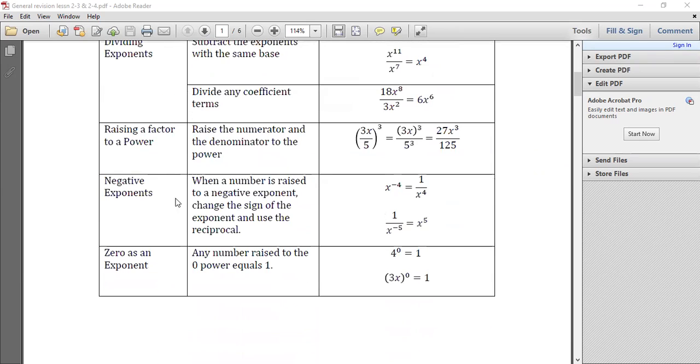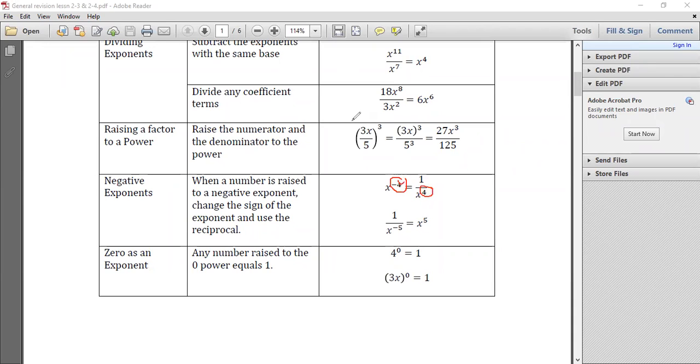Let's move to the next part, negative exponents. We said before, if you want to simplify any negative exponent, you have to write 1 over it. We transfer the term to the denominator, and then the negative exponent becomes a positive exponent, right?